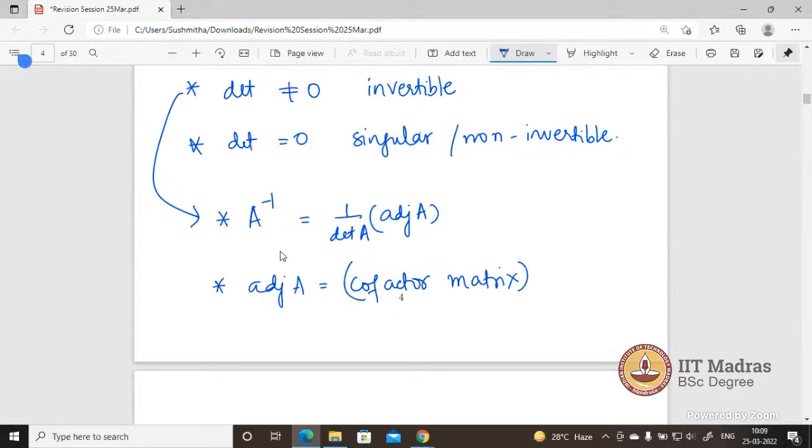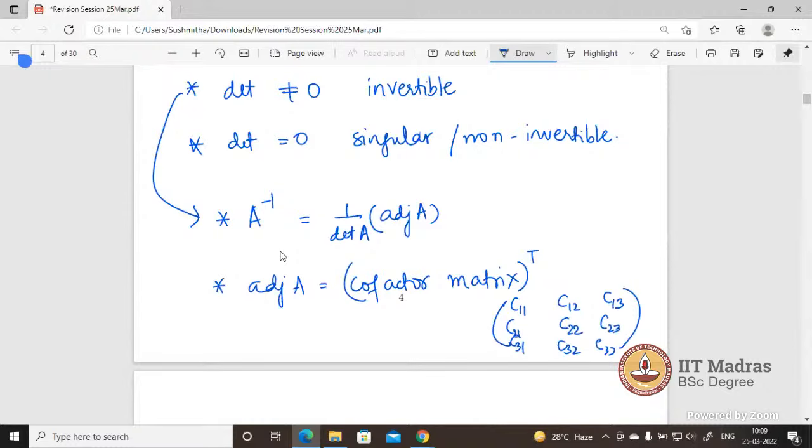And what is the cofactor matrix? The cofactor matrix is the matrix, all of whose entries are the cofactors of the corresponding entries of the matrix: C11, C12, C13, similarly C31, C32, C33.